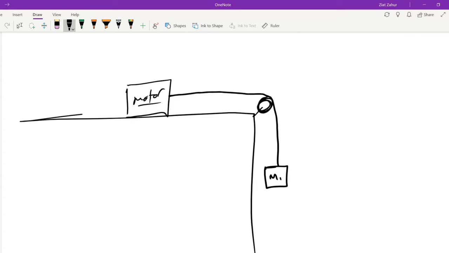So how much work is this motor doing if we lift this object up at a constant rate of v meters per second?